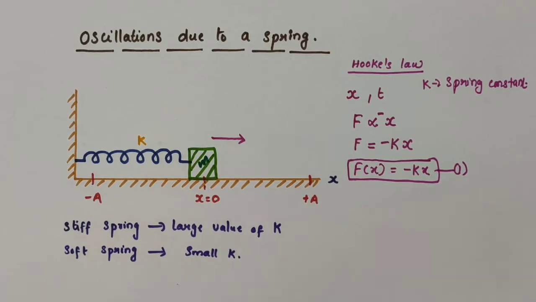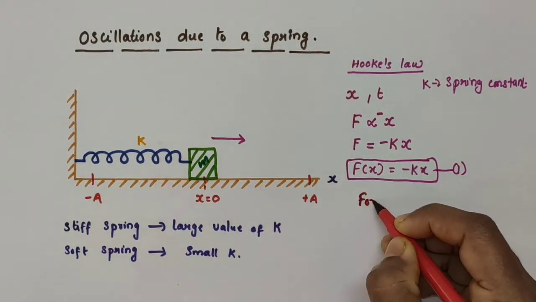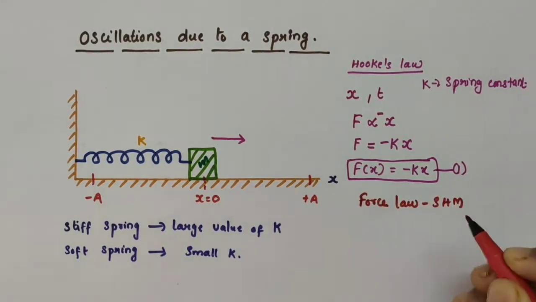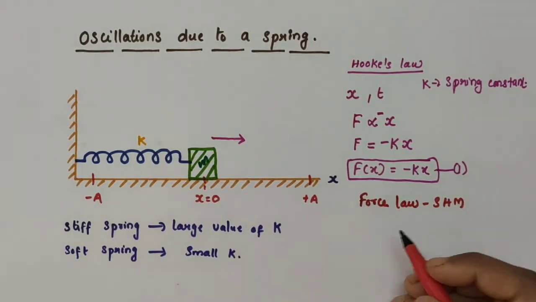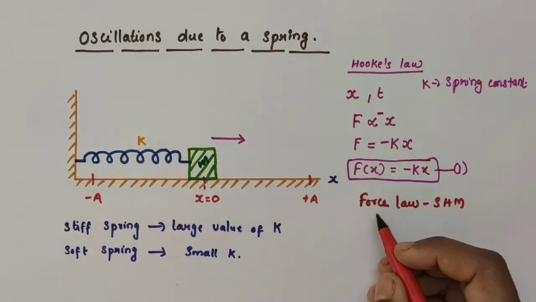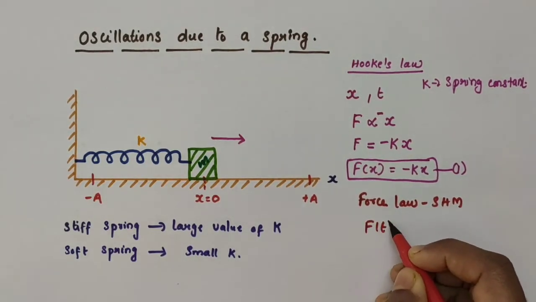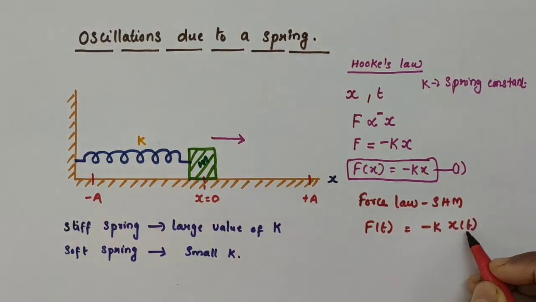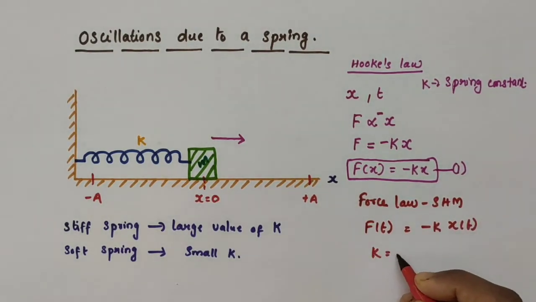While we discussed the force law for simple harmonic motion, we got the force acting on a particle of mass m in simple harmonic motion as F of t is equal to minus k into x of t, where k is equal to m omega square.